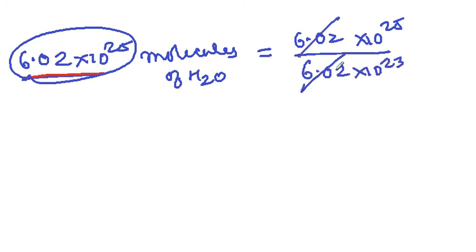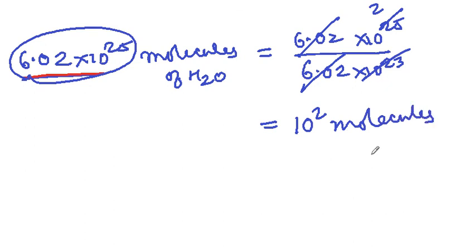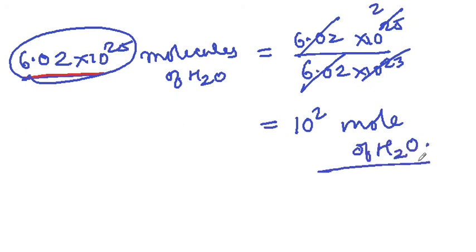So if it cancels out, we will have 10 to the power of 2, that is 100 molecules of water. 100 moles of water, I mean, 100 moles of water.